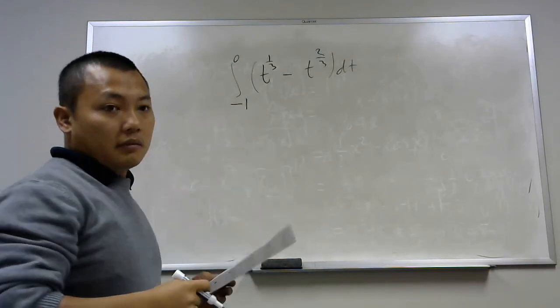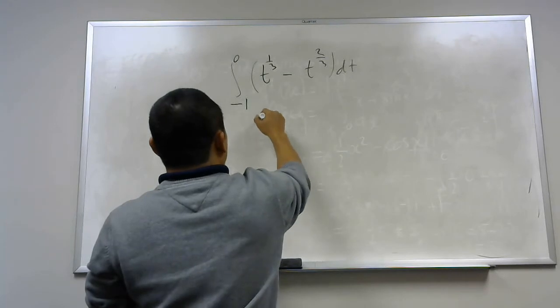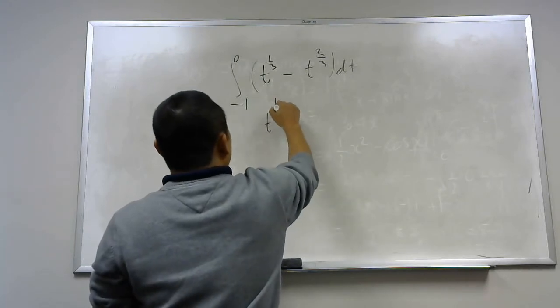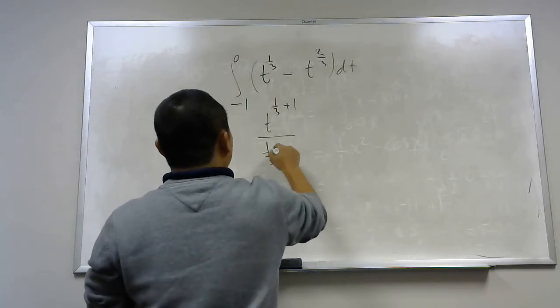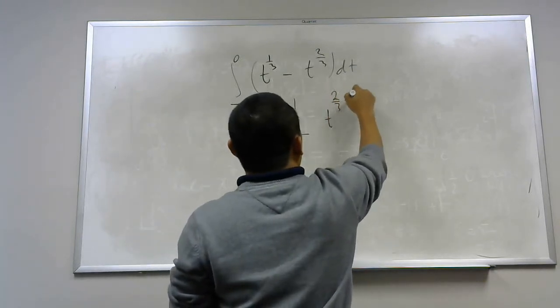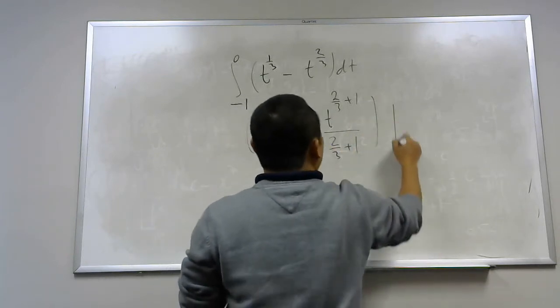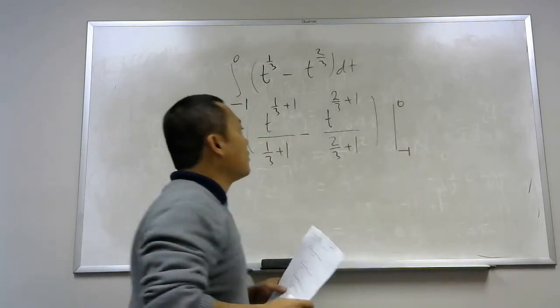So, power rule. The first integral is t^(1/3+1) over 1/3 plus 1, and the second one is t^(2/3+1) over 2/3 plus 1, and then evaluate from -1 to 0.